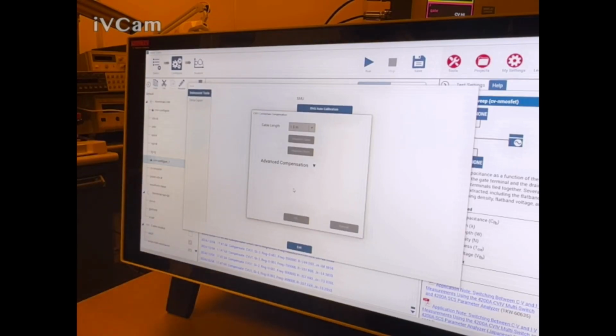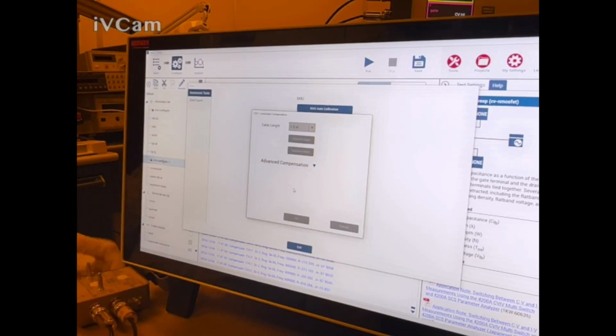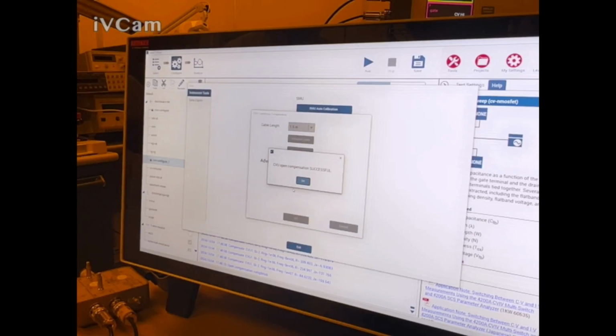But you need a T. But then we don't have the fixture, right? Our fixture would be the box, the enclosure. You should have adapters that came with your system to convert the SMAs to triaxial so they can go to your probe. Or you can get probes that are SMA. So there's lots of ways you can do it.